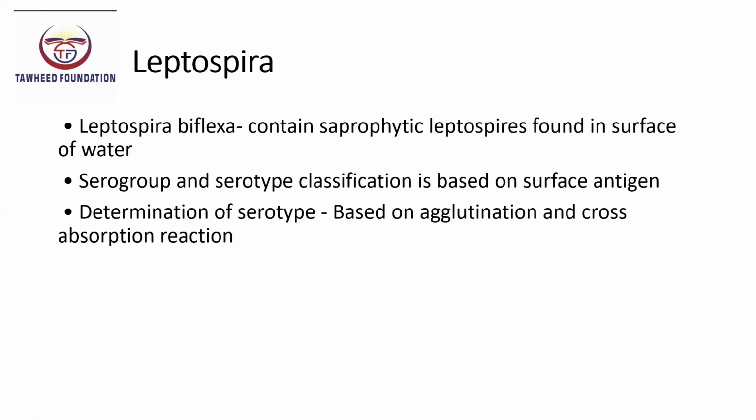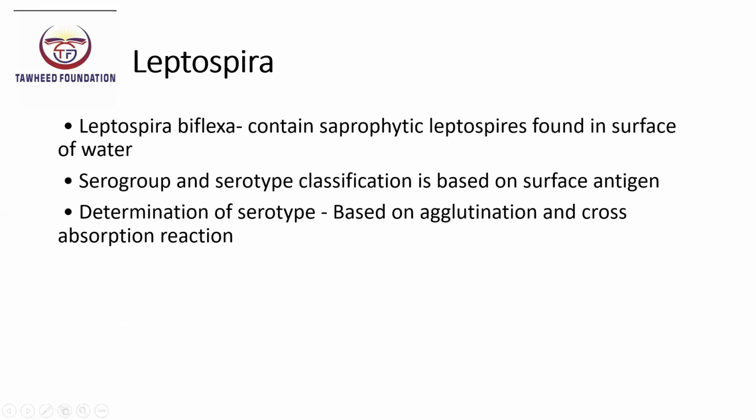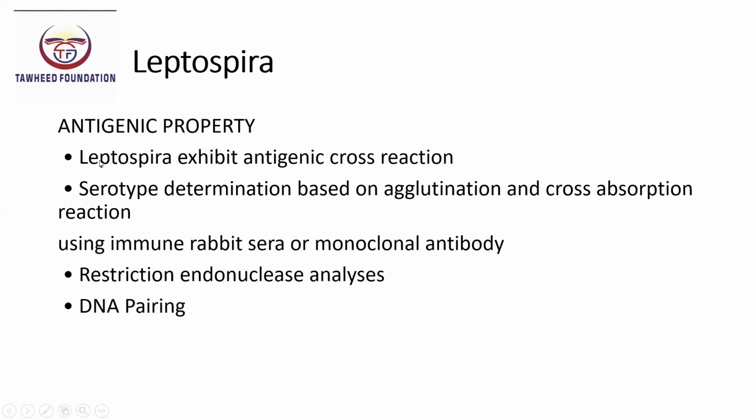Its antigenic properties. First, Leptospira biflexa contains saprophytic leptospires, which are found in surface water. The serogroup and serotype classification of Leptospira is based on the surface antigen, and determination of the serotype is based on agglutination and cross-absorption reaction.